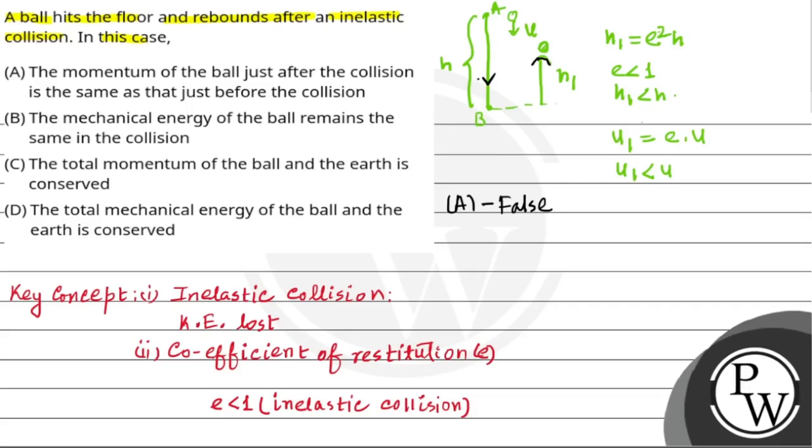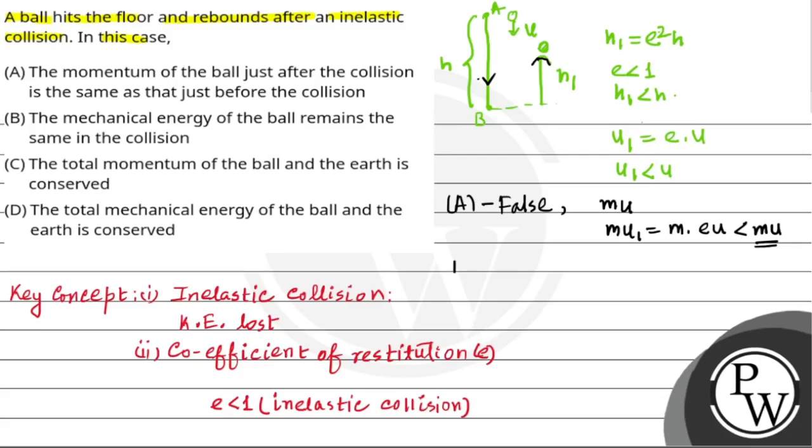And apart from this also, if we consider only the magnitudes, then the momentum before collision is mu, whereas the momentum after collision is m into u1, which is m into e into u, which is less than mu, right? So the momentum is not same.